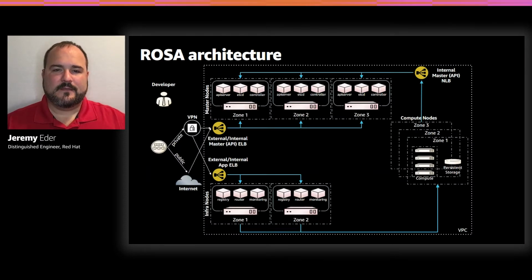Yep. Thanks, Ike. So here's an architecture diagram of what a ROSA cluster looks like when it's deployed in your AWS account. The ROSA service leverages installer provisioned infrastructure support provided by OpenShift Container Platform. IPI leverages the AWS cloud provider in Kubernetes to ensure that all ROSA clusters are deployed according to best practices.